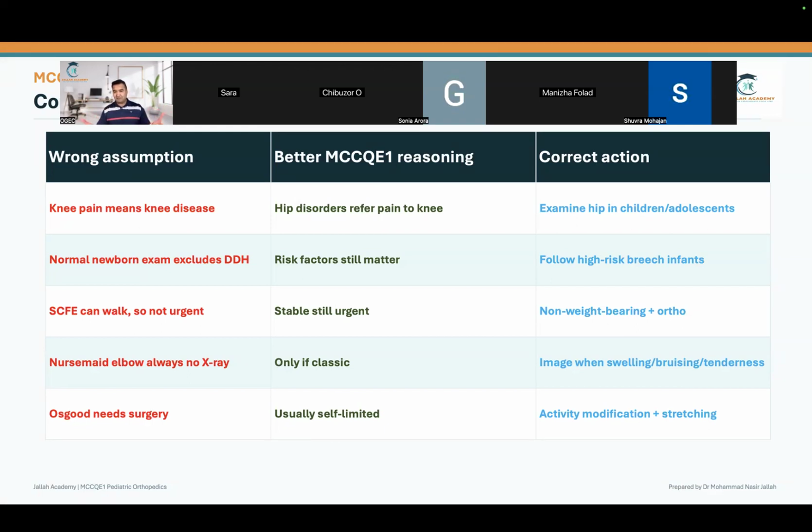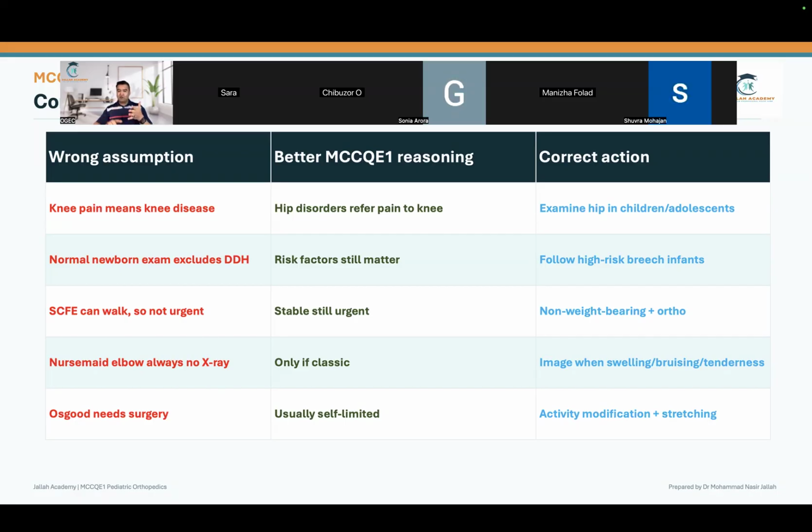What is the best next step? The options: reassure the patient, just give him a Tylenol, just tell him not to work out. Or the other one is to investigate the joint above and joint below. And the last one, none of the above.